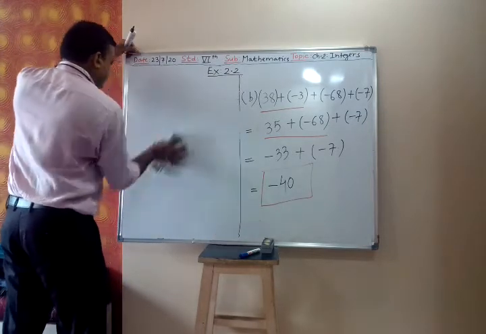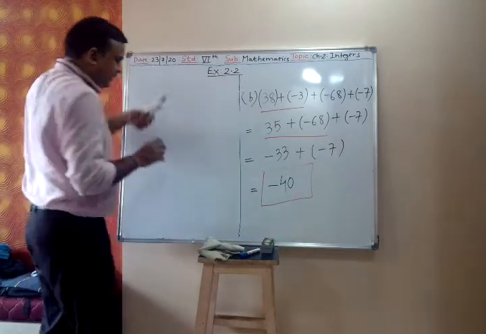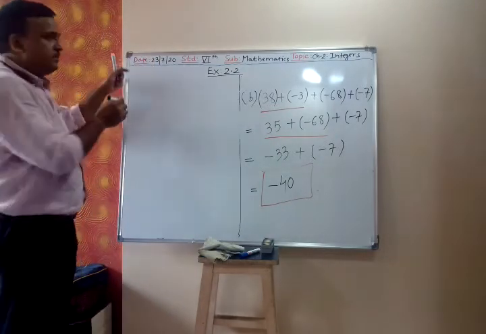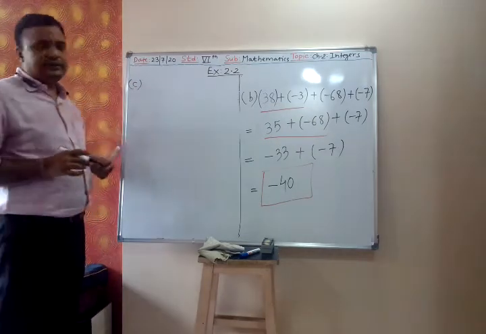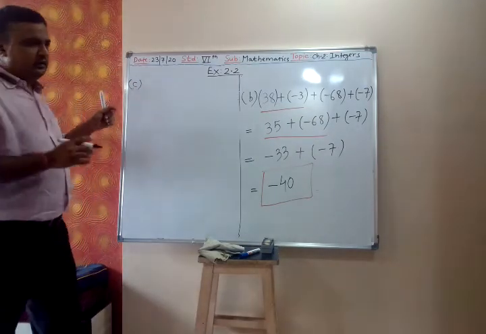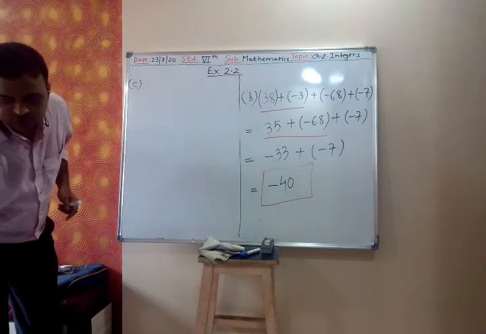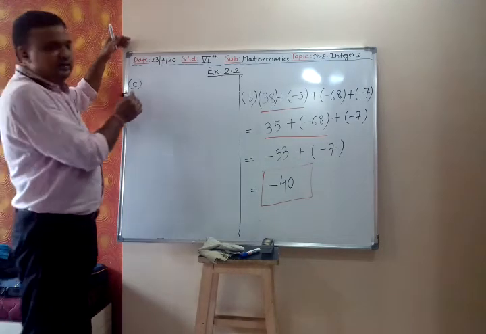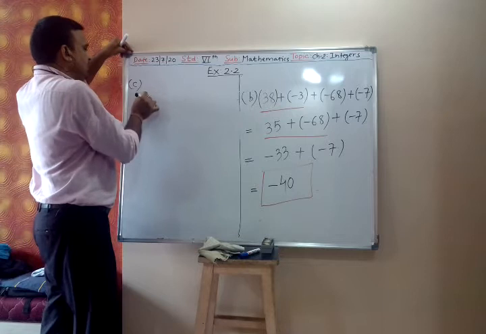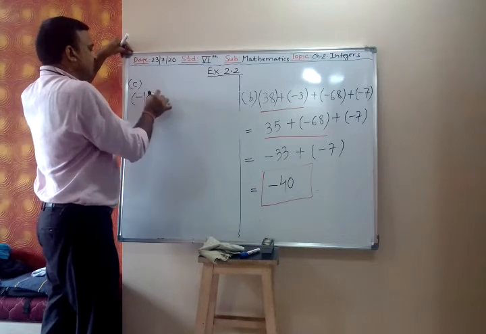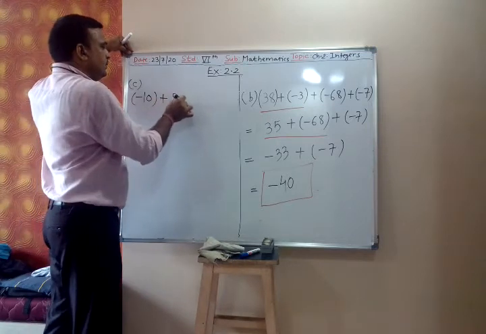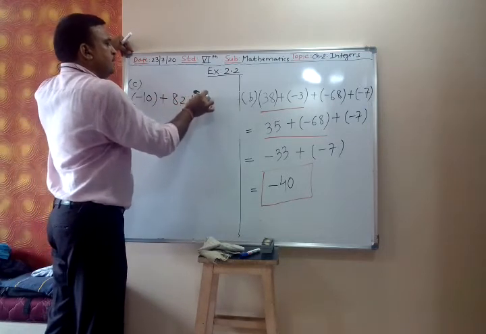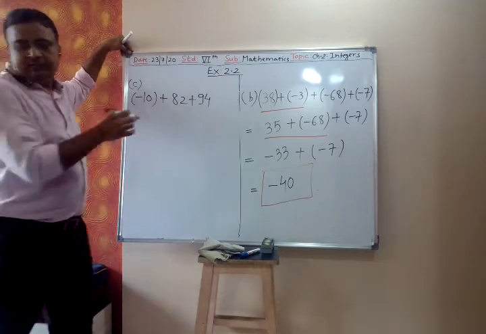Wait, I am writing. Now next is minus 10 plus minus 10 plus 82 plus 94 plus minus 40.